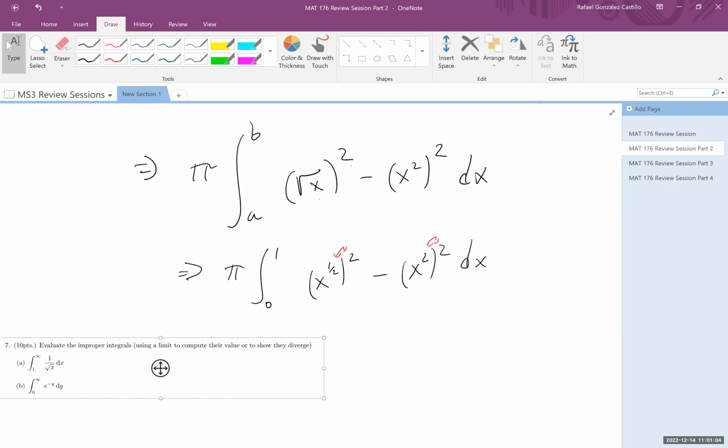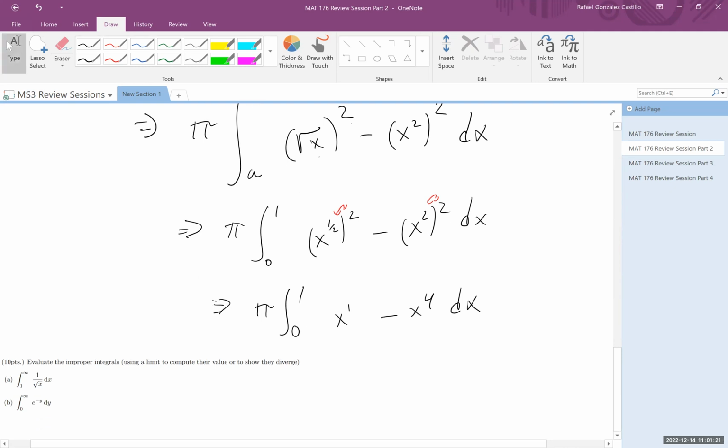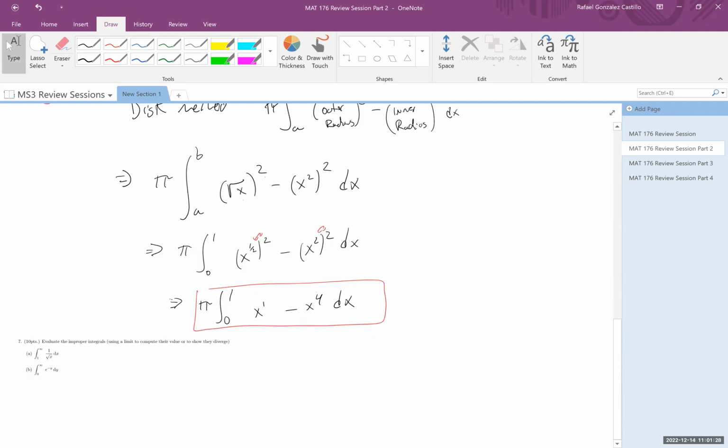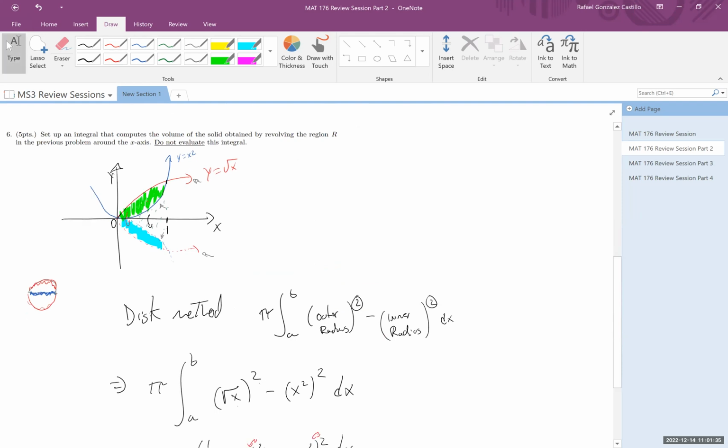So you're going to have pi times the integral from 0 to 1 of x to the power 1, because 2 divided by 2 is 1, minus x to the 4 dx. And this is the integral that gives us the volume when we rotate our area from above, this area right here, and bring it down about the x-axis using this method.